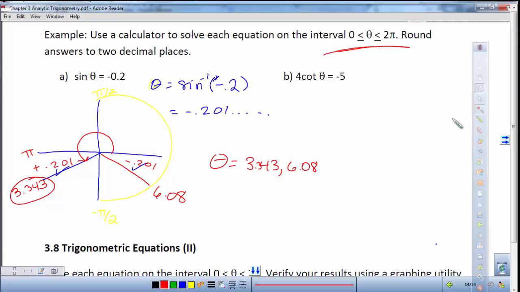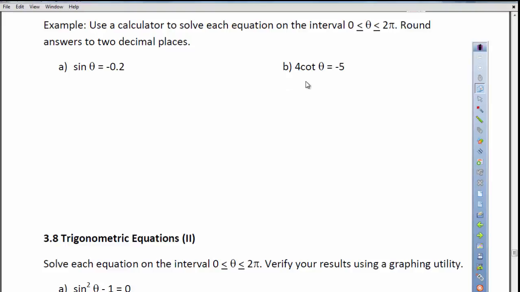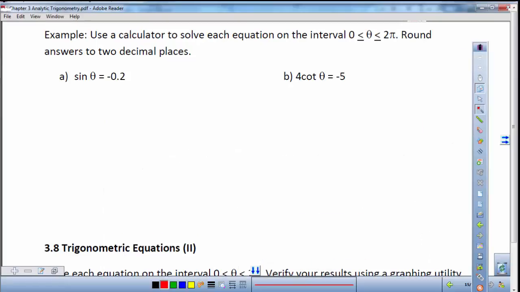Okay, all right, let's try another one. We've got 4 cotangent theta equals negative 5. The first thing I want to think about is in which quadrants I'm going to have solutions for this equation.